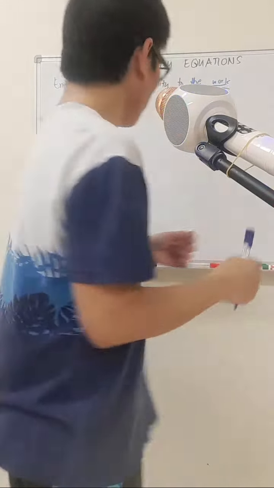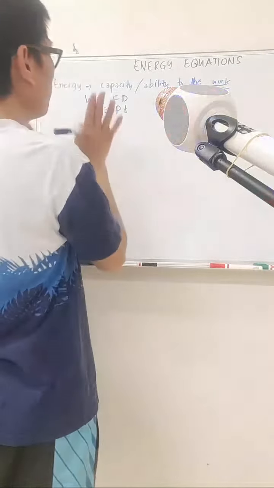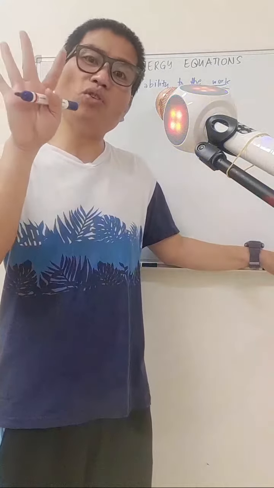So, if we have work is equal to power times time, then we correlate this to Ohm's law. Actually, there are two laws in electricity: Kirchhoff's law and Ohm's law.